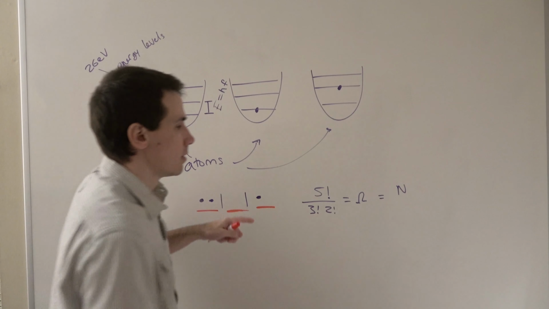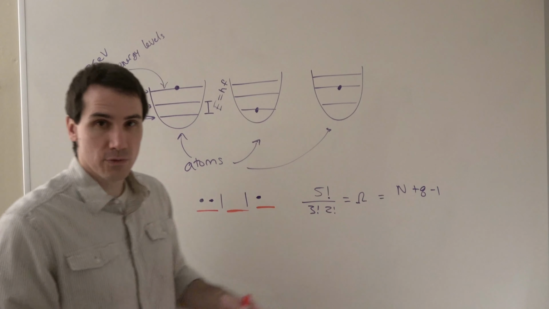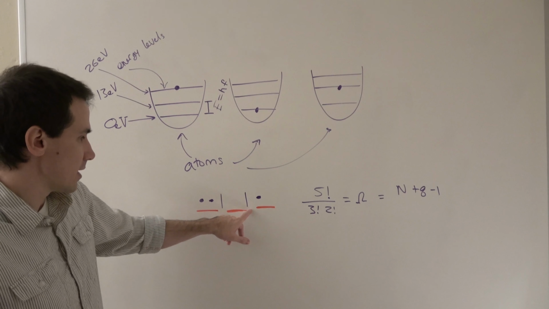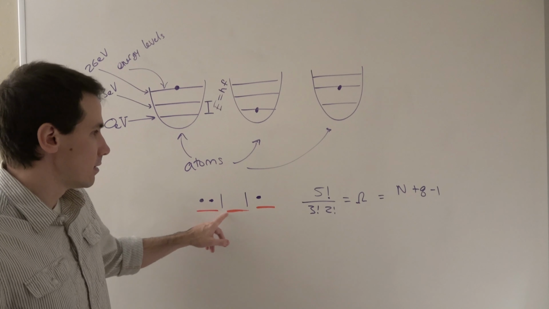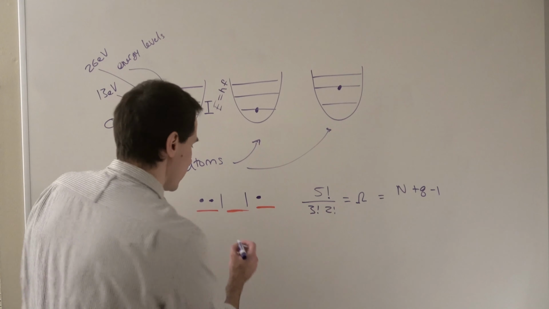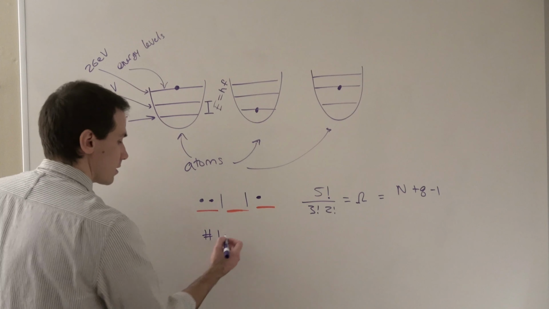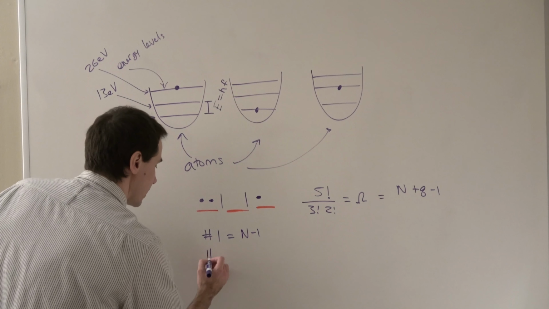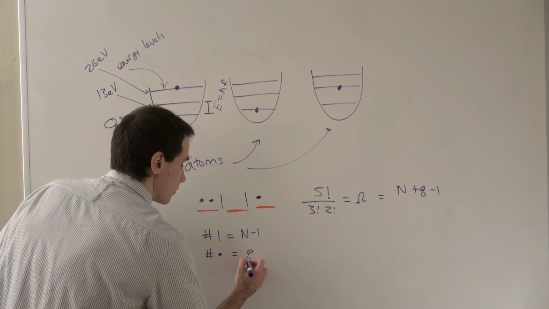In general, we can write this as the number of atoms plus the number of units of energy minus 1, right? So the number of atoms ends up, there's 1 less bar than there is number of atoms. So really my number of bars is equal to n minus 1, and my number of dots is equal to q.